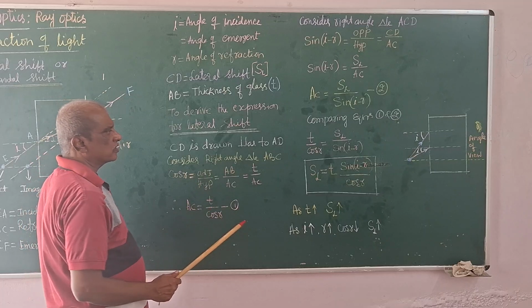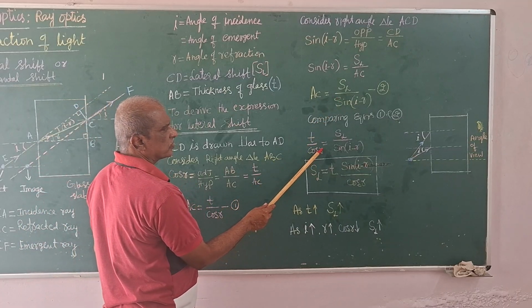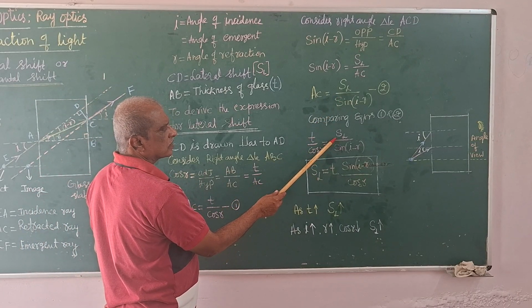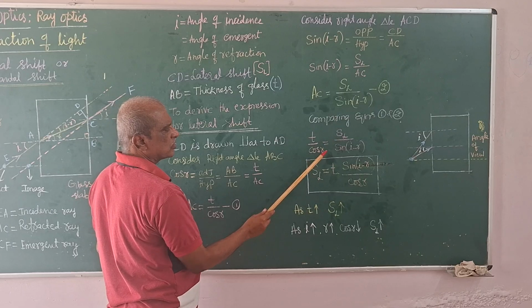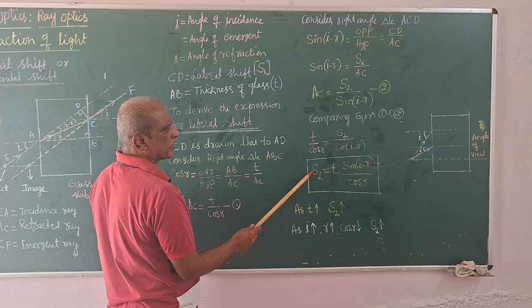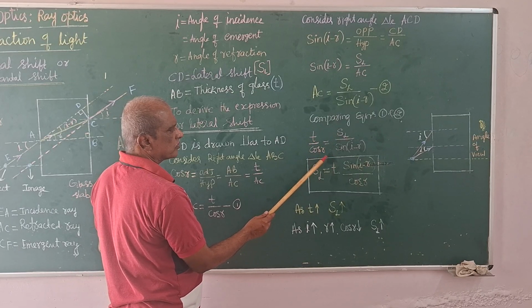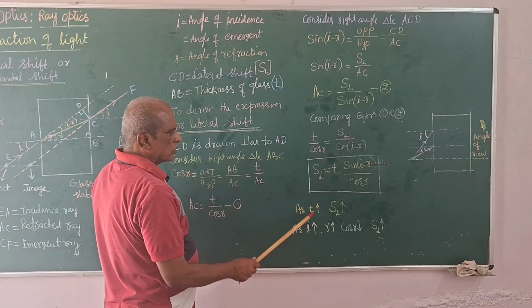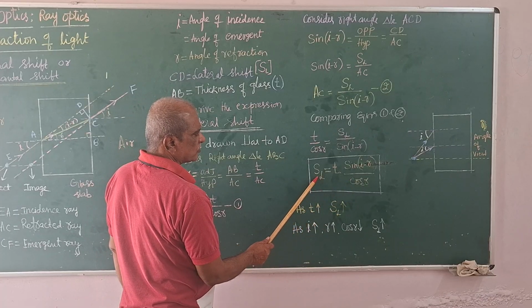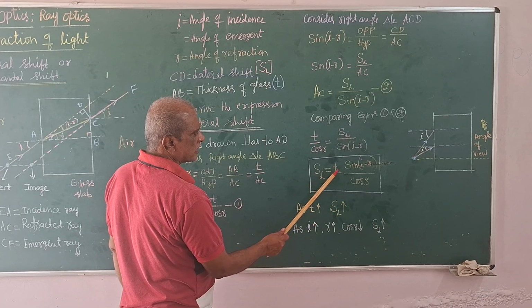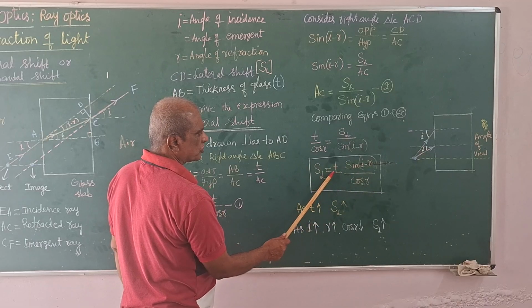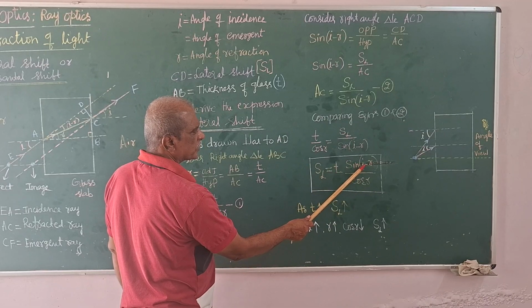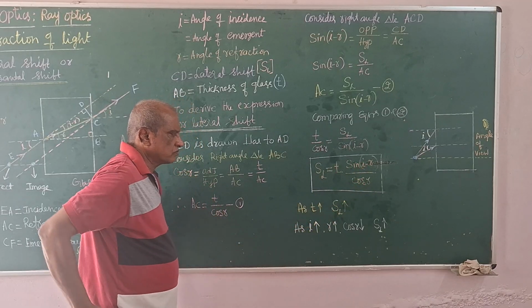We get this equation, and rewrite it as SL equals, cross multiply this into this divided by this. So finally, what is the mathematical expression for the lateral shift? SL equals T into sine of (i minus r) divided by cos r.